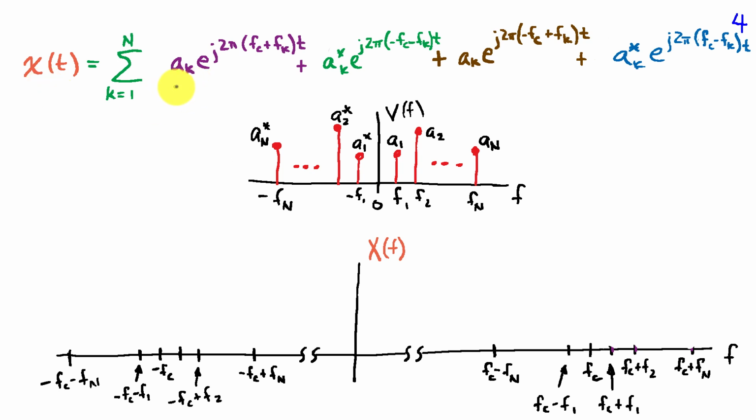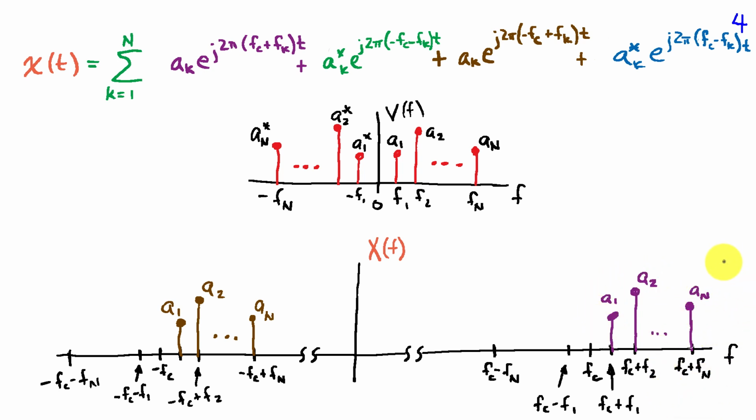So let's find the spectrum of x of t by taking all these terms. We know that a_k is at frequency f_c plus f_k, so I can start writing out the spectrum. So a_1 is going to show up at f_c plus f_1, a_2 at f_c plus f_2, and so on. Finally, a_N at f_c plus f_N.